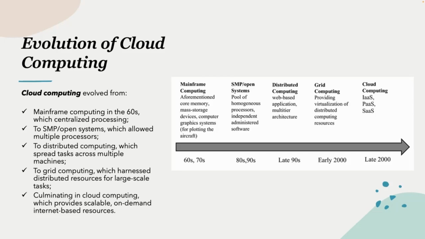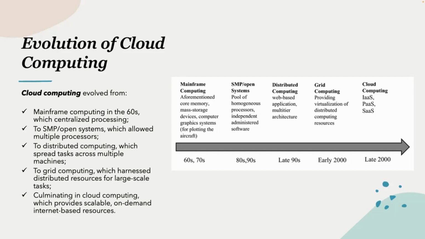And from there, we had the grid computing, which enabled organizations to harness distributed resources to achieve large-scale tasks. Finally, all of this came to the culmination of cloud computing, which in modern day and time provides scalable, on-demand, internet-based resources.